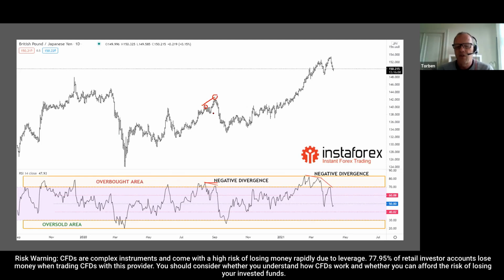The question is now, and the point here is, normally when you have divergence, you'll have a more significant top or a significant bottom, but you can't be sure that it's the top. It could be just a temporary top, as you see it here.